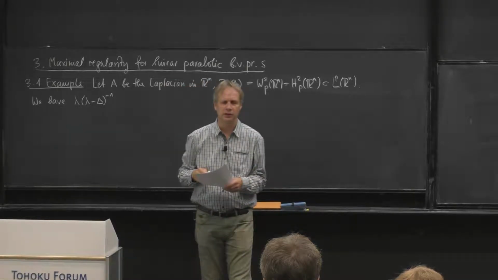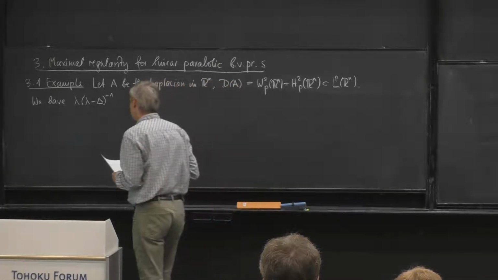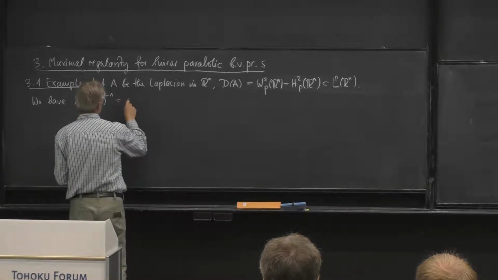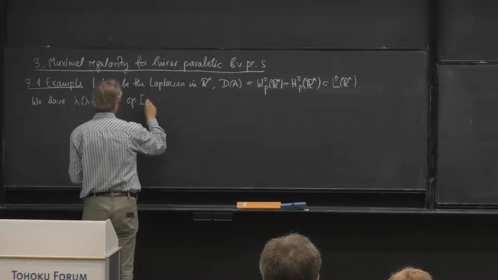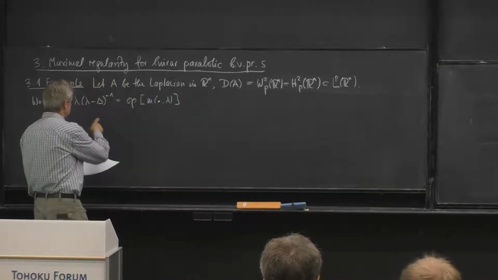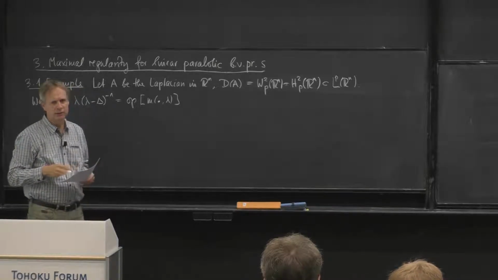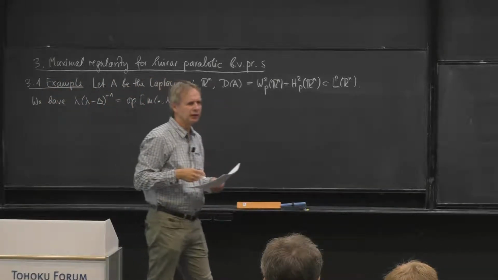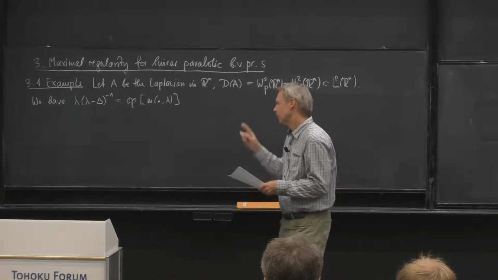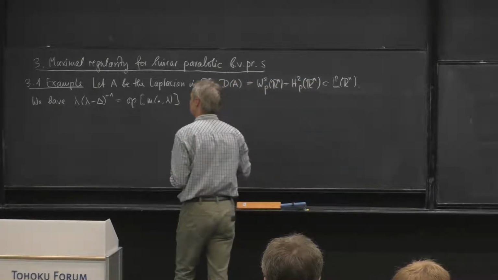This was always the condition, and except 0. And this is an operator with some symbol. And of course, lambda minus Laplacian has a symbol. If you go to the Fourier transform, you get lambda plus modulus of xi squared. The resolvent gets this in the denominator.